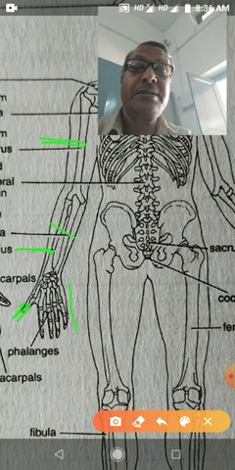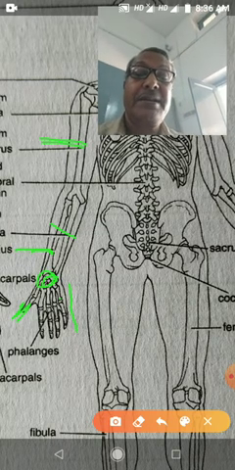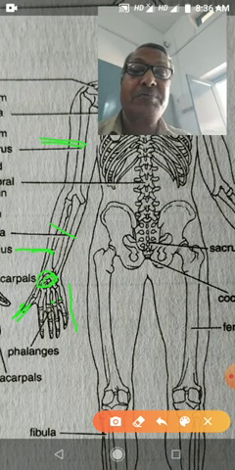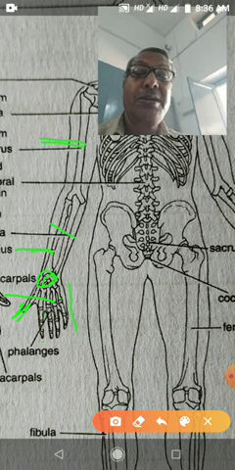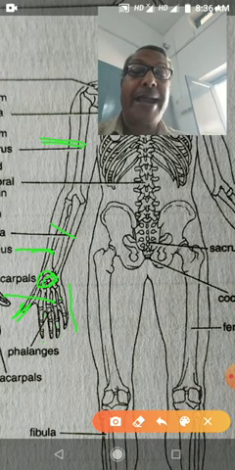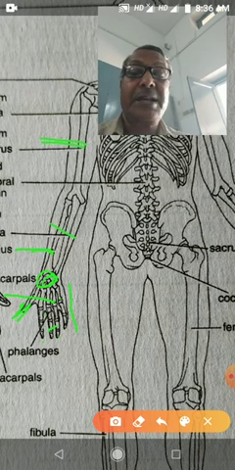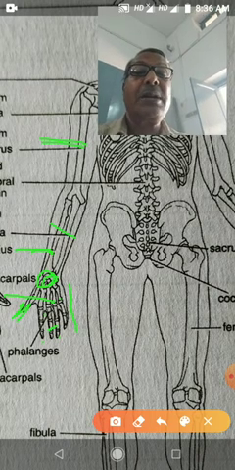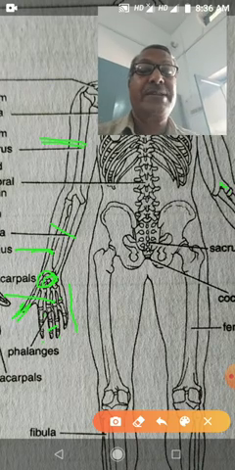In the wrist there are 8 bones, the carpals. In the palm region there are 5 bones, the metacarpals. In the fingers 14 bones are present, the phalanges. So altogether 30 bones are present in one forearm. We have 2 arms, therefore total bones are 60.